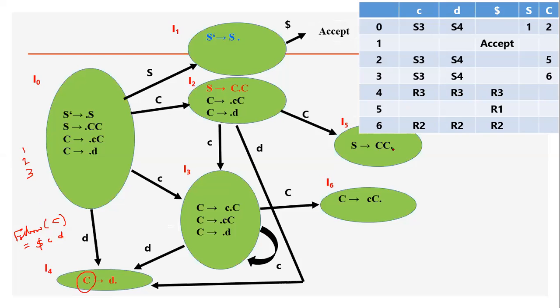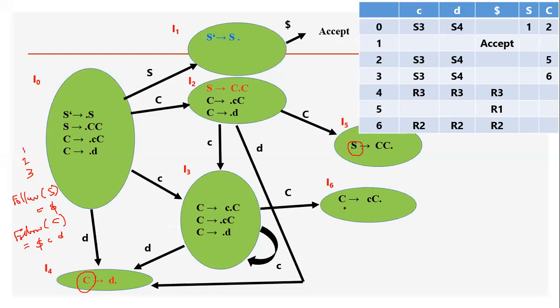Then come to I5. S derives CC, so we have to find follow of S. Follow of S is only dollar, and S derives CC is rule number 1. So from I5 state on dollar, we write R1.